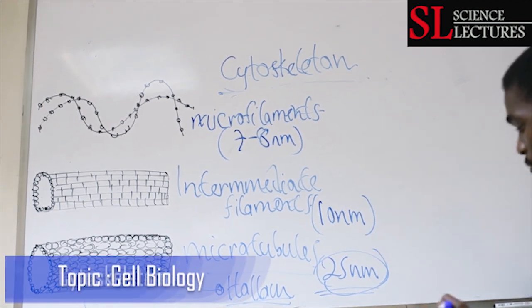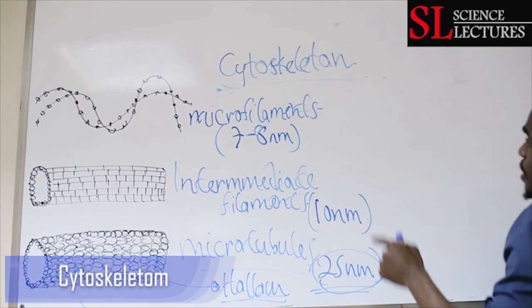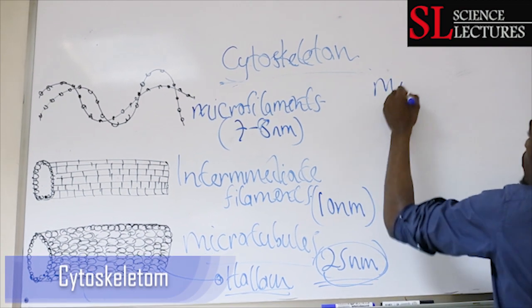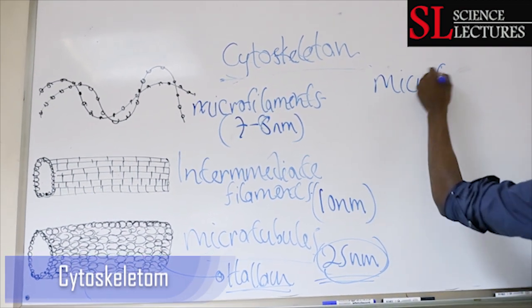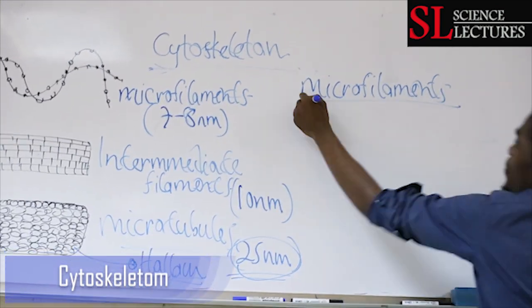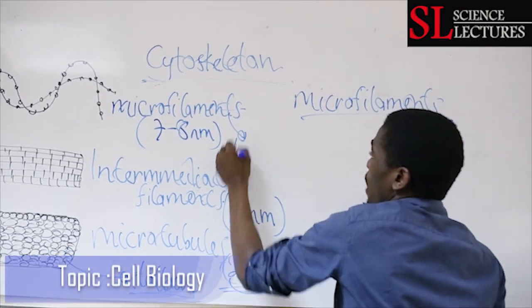So what are we interested in? To dive into the details of each of the filaments. First, the functions of the microfilaments. What is important to note is that they contain what is called actin.